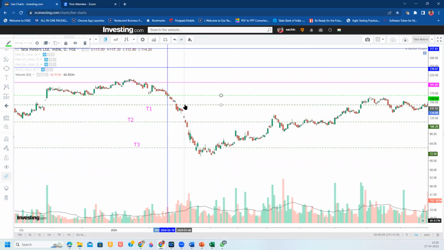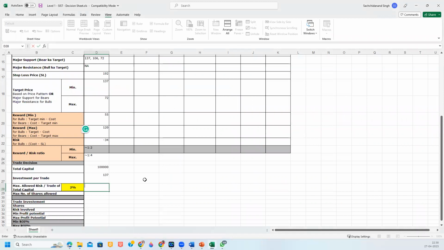So at which price is that particular stock trading on that particular day? I have taken the median value of that day, the 19th Feb, and that is coming around 158. So that is giving me the investment per trade. It is not 137, it should be 158 rupees.